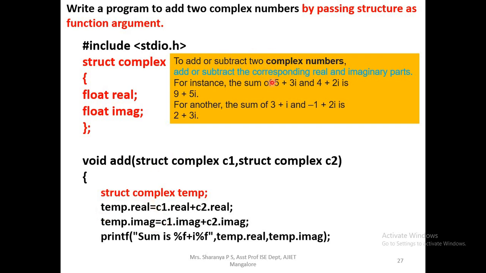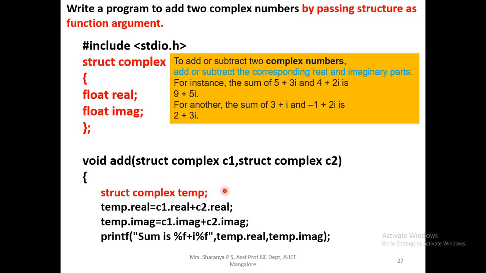One small change here is that we add the real part of the first complex number with the corresponding real part of the second number, which we perform with C1 dot real plus C2 dot real.